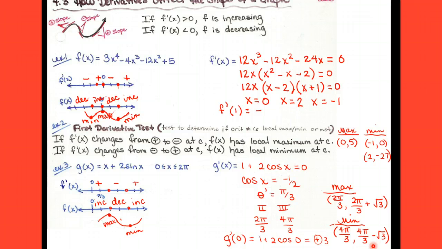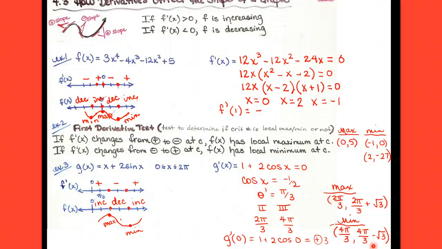Back when we worked with Fermat's theorem, we ran into a problem that was troublesome to us, and that was y equals x cubed. The problem with y equals x cubed was when we took the derivative and set it equal to 0, we got a critical number at 0, but there was no maximum or minimum there.